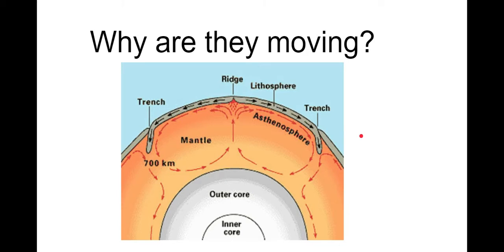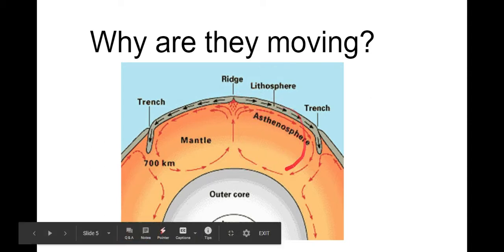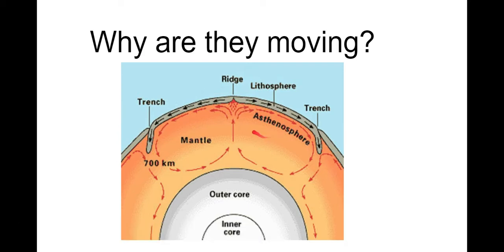So let's take a look. Why are these plates moving? Here you've got your lithosphere, and underneath it you've got your asthenosphere where convection happens. Well, I want you to take a look and imagine what it would be like if you were on something solid, but you're floating on an ocean of liquid that was moving like this.